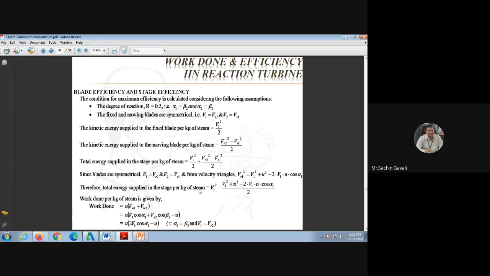Good. And if the degree of reaction is 0.5, that turbine is called the Parsons reaction turbine, not impulse. Parsons reaction turbine. And what is the degree of reaction of a pure reaction turbine?